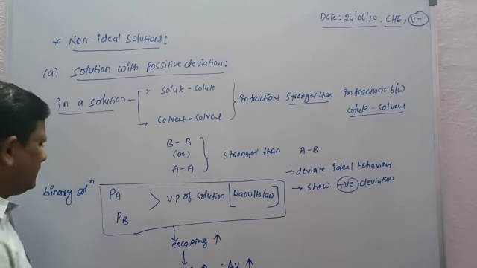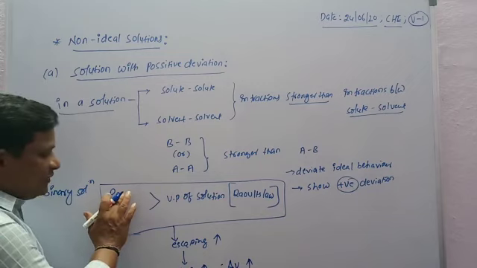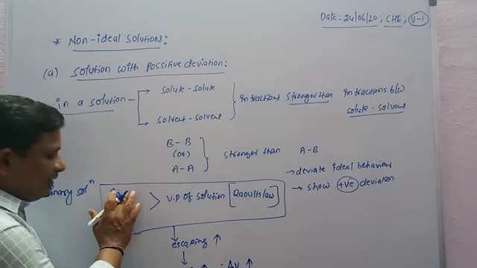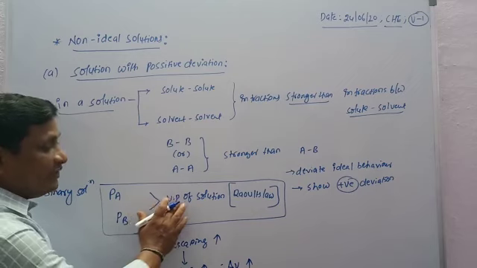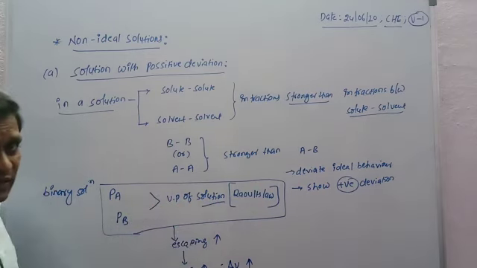It means simply in a binary solution, the partial vapor pressures of the solvent and solute are greater than the vapor pressure of the solution with respect to Raoult's law. Now what happens?